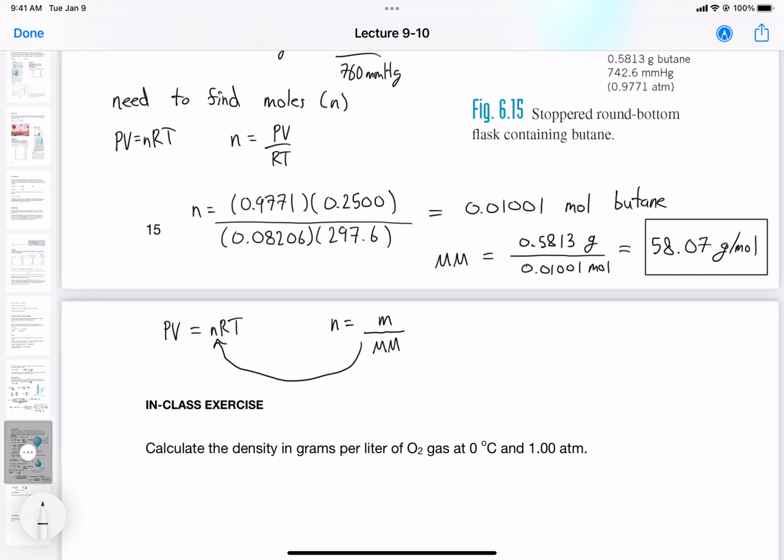So we could do PV equals mass times RT over molar mass. And then you can solve for molar mass directly here by rearranging the equation. So that might be a more efficient way to do this, but either way would work. You would get the same answer.